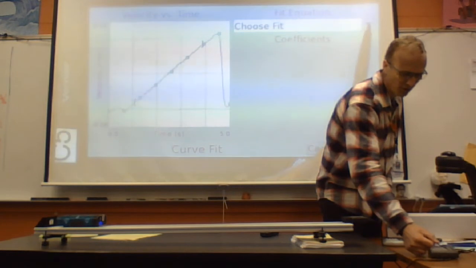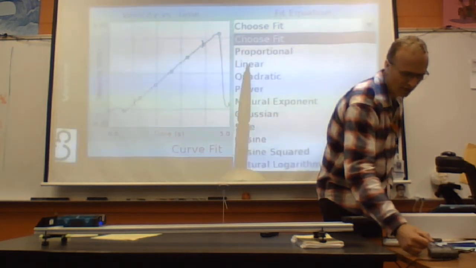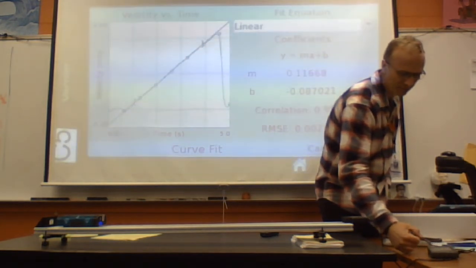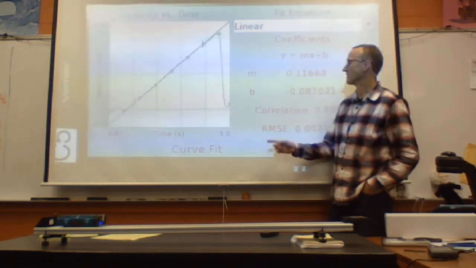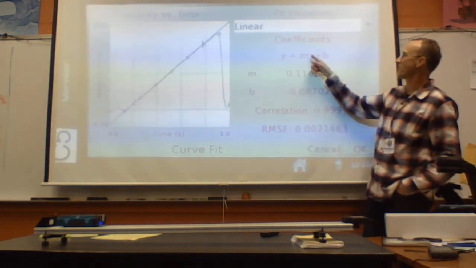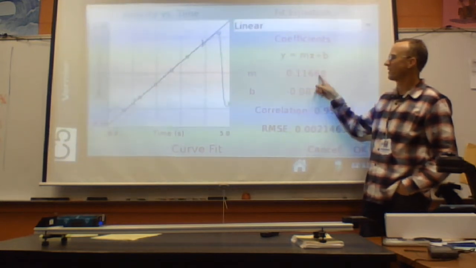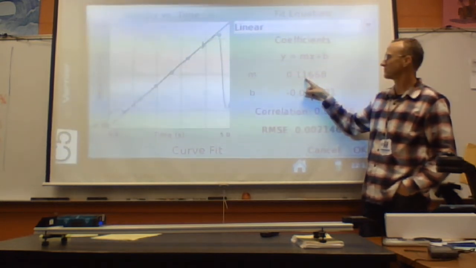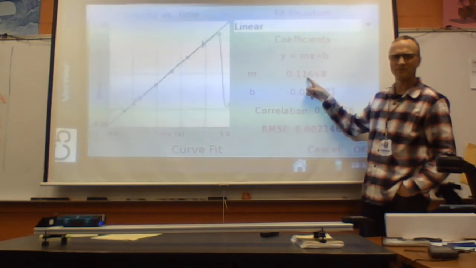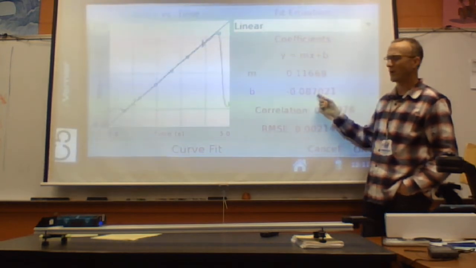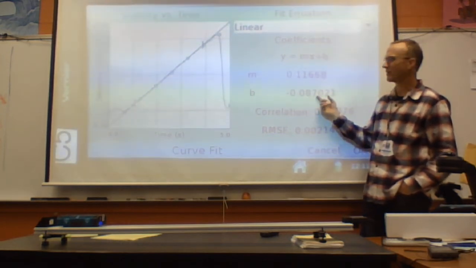What kind of fit do I want? I want a linear fit. And these values say y equals mx plus b. Here's my m value. That is my acceleration, 0.1168. My y-intercept value I don't think I care about.